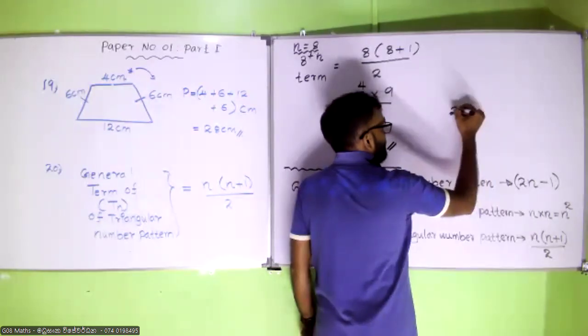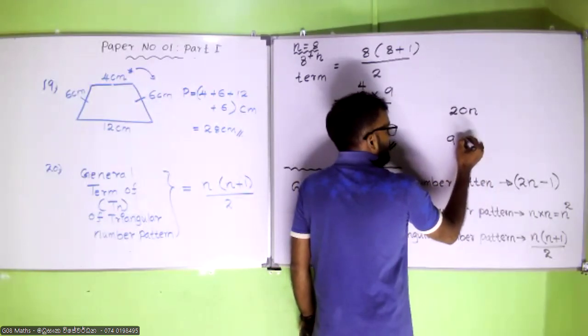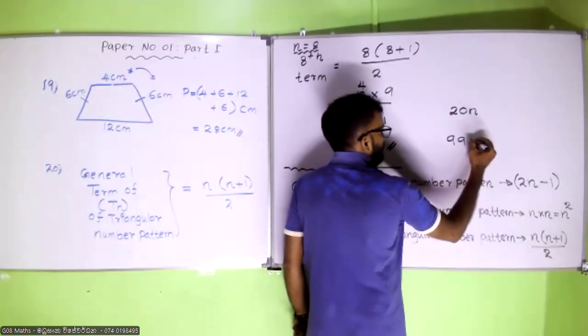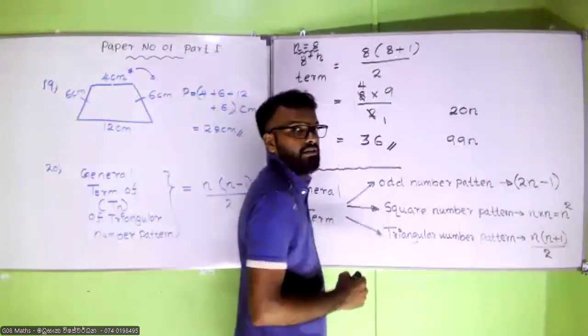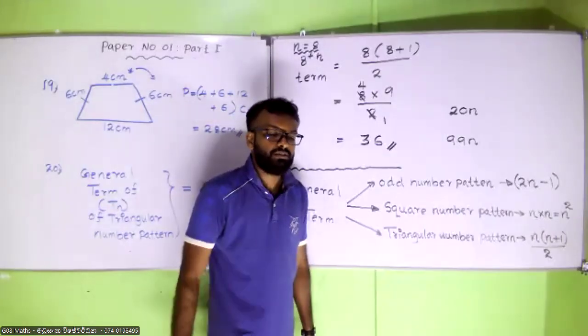Yeah, 20. What is the general term of multiples of 99? 99n. Right?